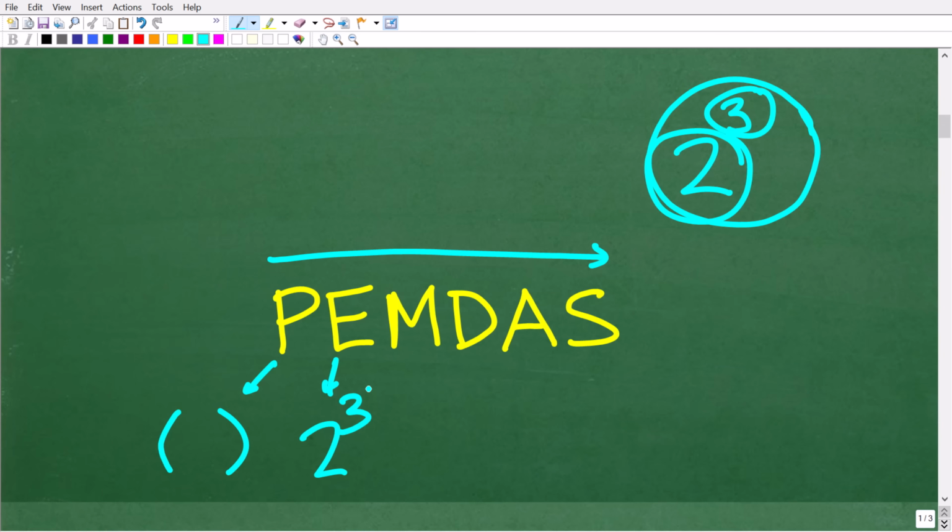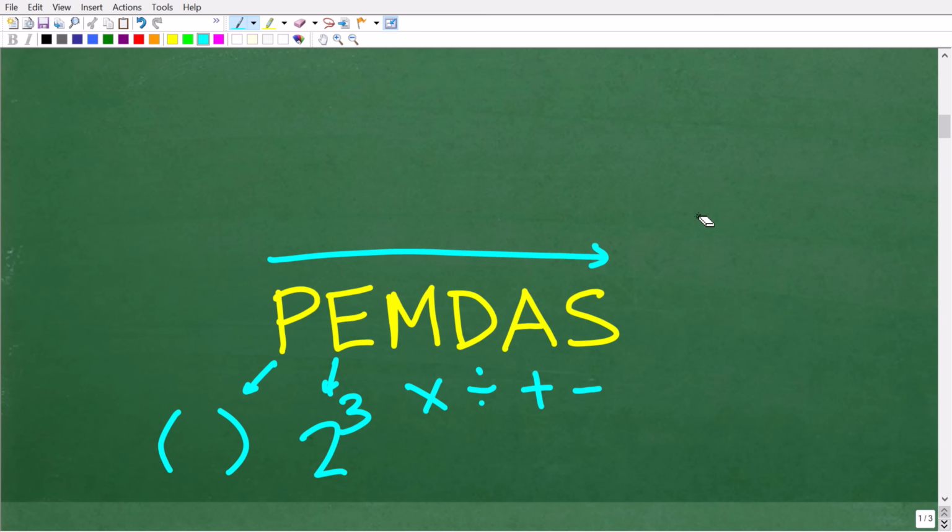Again, you may not have parentheses and you may not have powers. So M, D, A, and S, let me just tell you what these stand for, and then we'll talk about how to correctly apply the order of operations here. M stands for multiplication, D stands for division, A stands for addition, and S stands for subtraction.